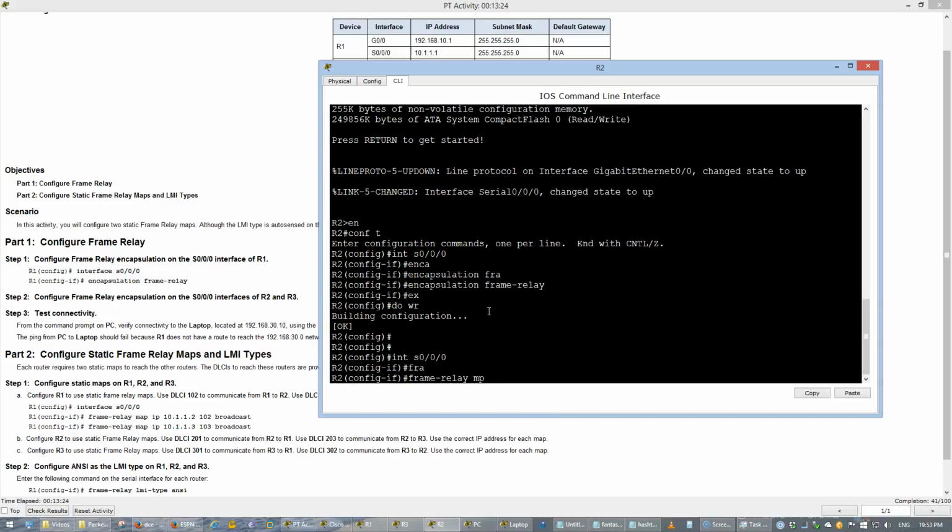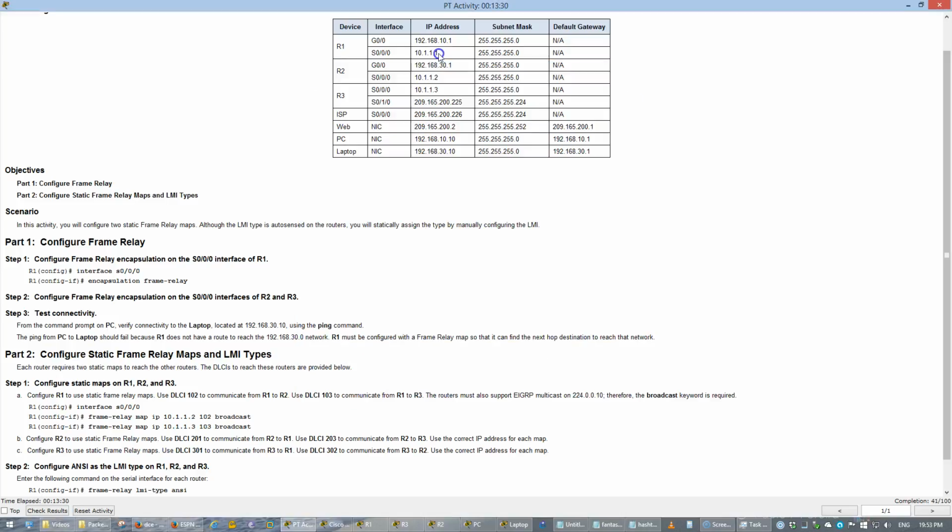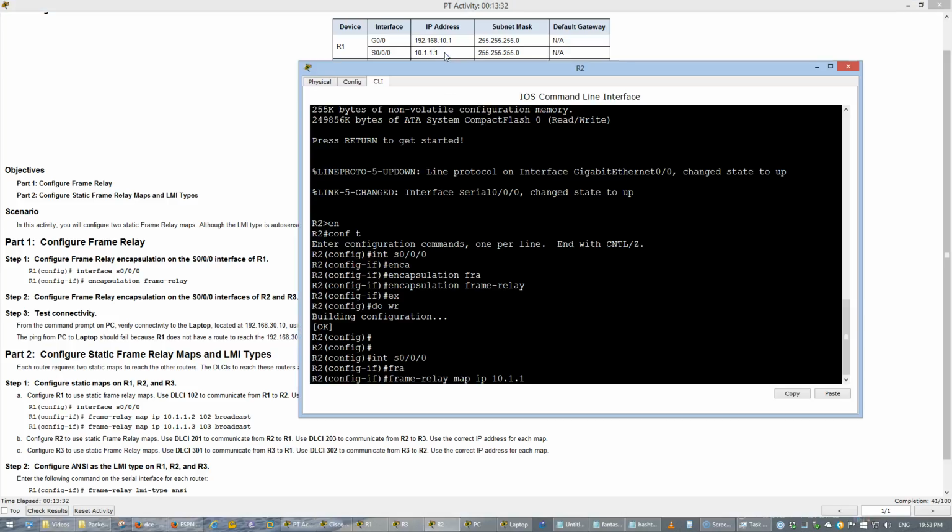Frame relay map IP to router 1 will be the 10.1.1.1, and the DLCI will be the 201 according to Packet Tracer.